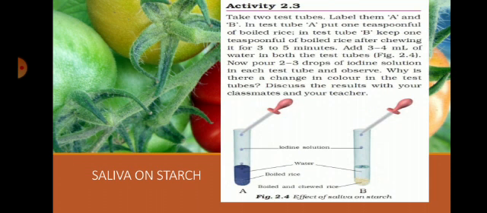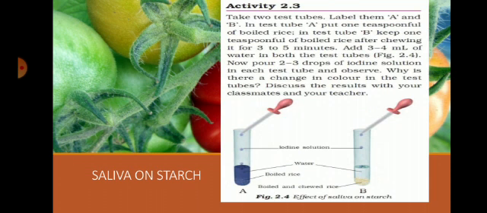Add 4 to 5 drops of iodine solution to the test tube. Observe and note the changes in the color of the boiled rice solution in test tubes A and B. What do you observe?